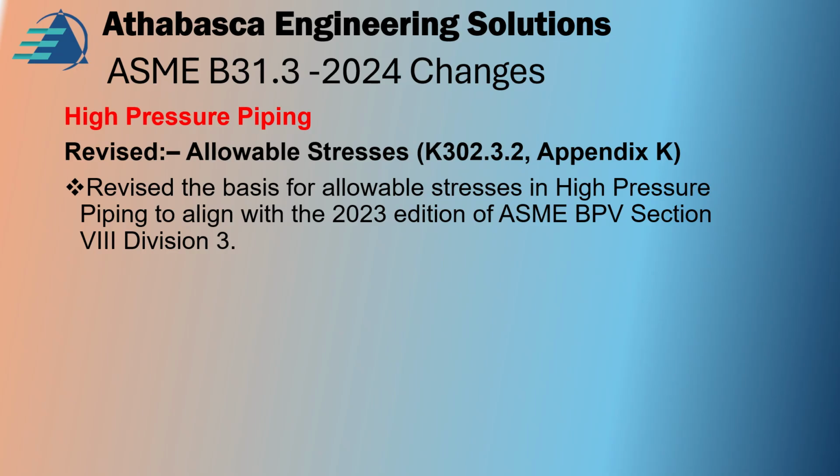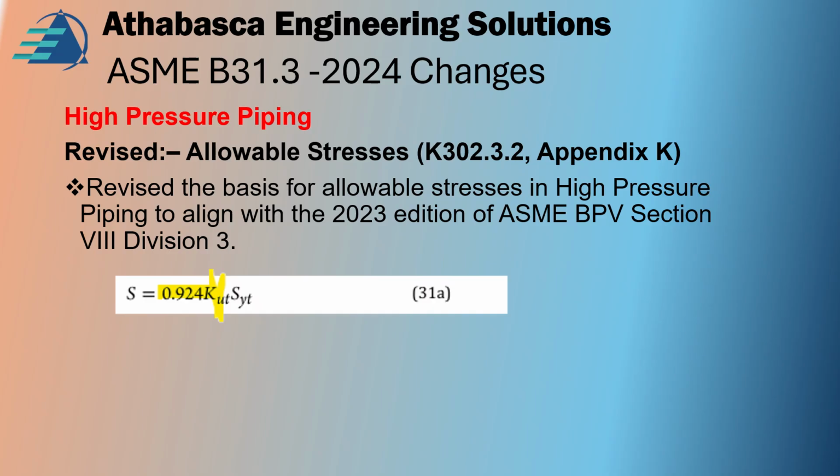There are 3 divisions: 1, 2, and 3. If you want to know more at a high level about the Boiler and Pressure Vessel Code and Section 8 and the different divisions, I have a video in our library if you wish to see that.